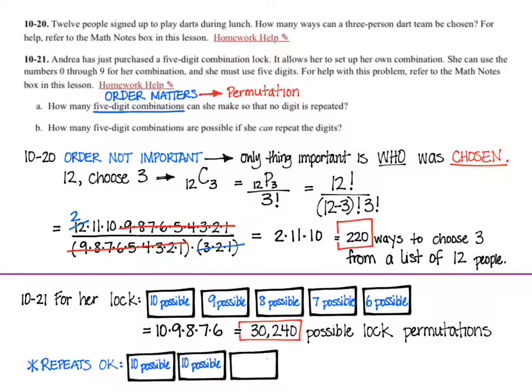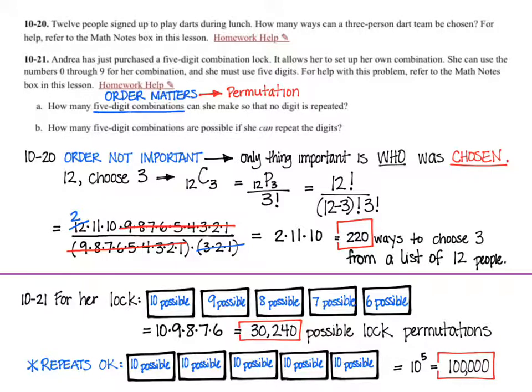And that continues on with all 5 of them, that there's 10 possible every single time. And so you could, theoretically, have a combination that was 0, 0, 0, 0, and 0. In fact, a lot of times when you buy locks to begin with, sometimes they have something as simple as that as their opening lock. So we're going to do 10 times 10 times 10 times 10 times 10, which is 10 to the 5th, which is 100,000.